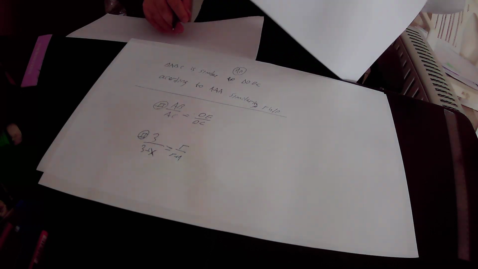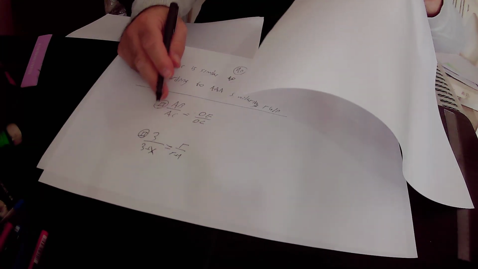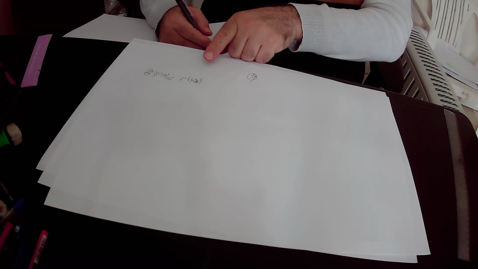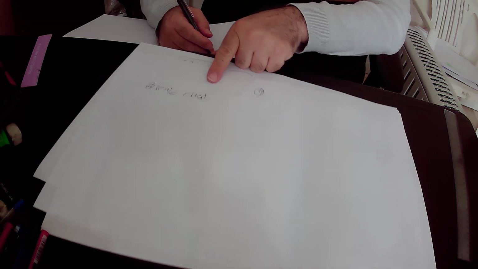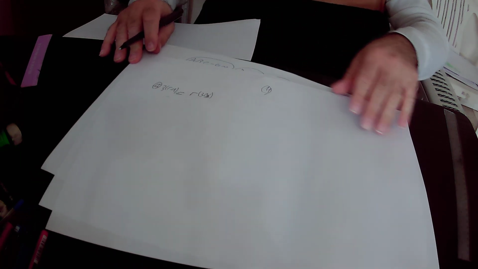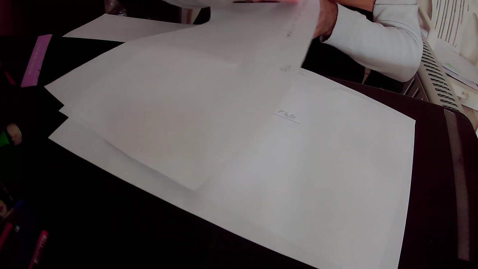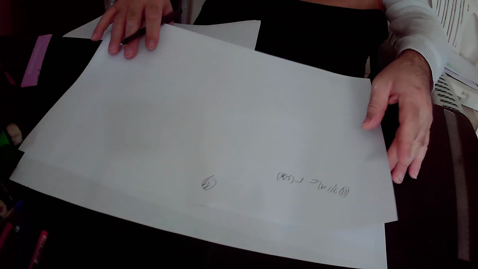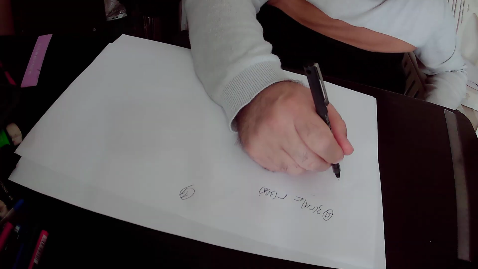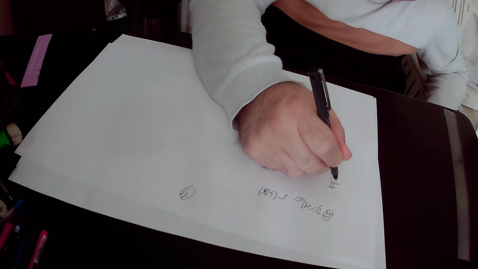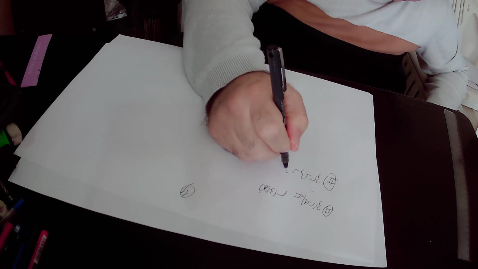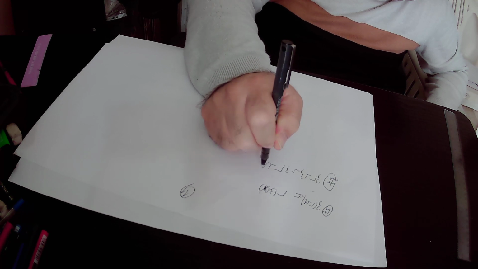I'll repeat again. So here we will open the brackets in equation number 2, and we will get that 3 times R plus 3 equals 3 times R plus Rx.